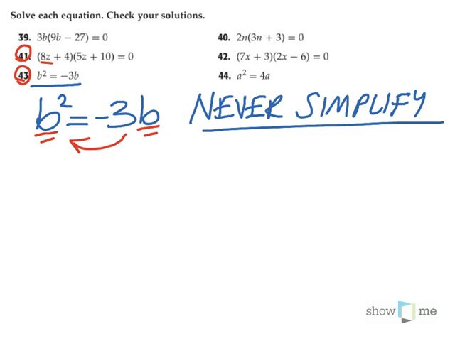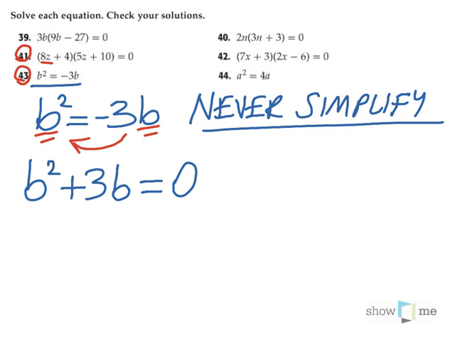We are going to get minus 3b to the left hand side, so it will be b squared plus, because it will change its sign when it changes its side, it will be 3b. Now on the right hand side there is nothing, so it is 0.